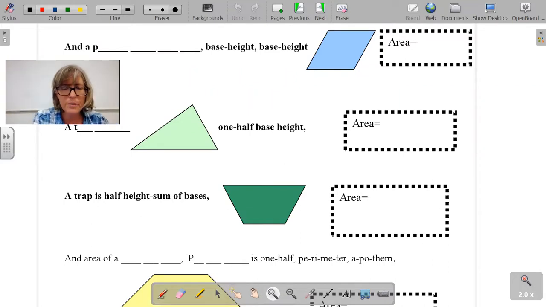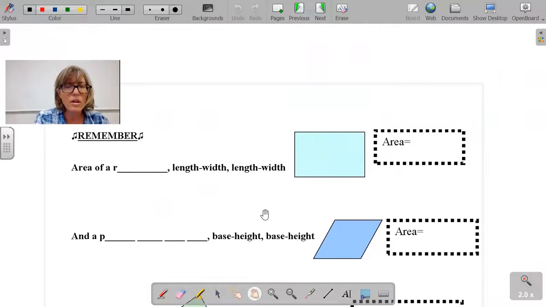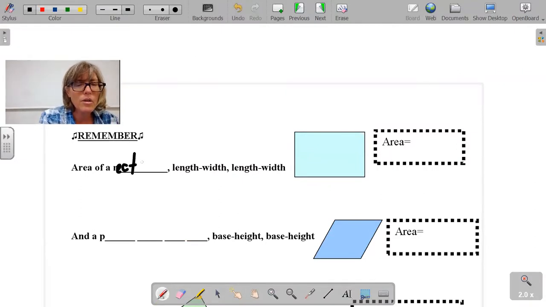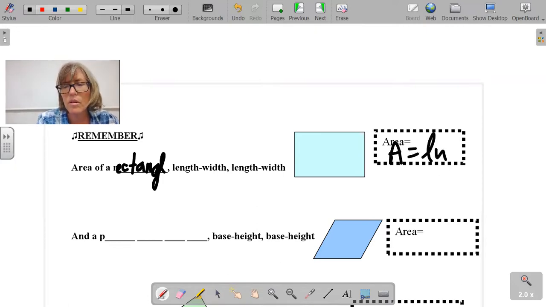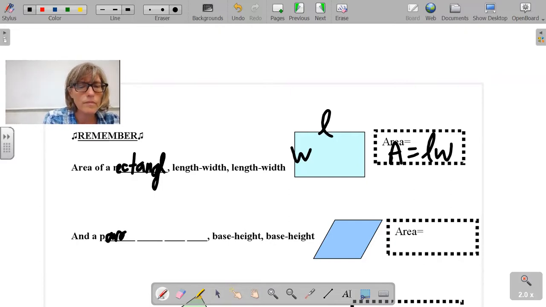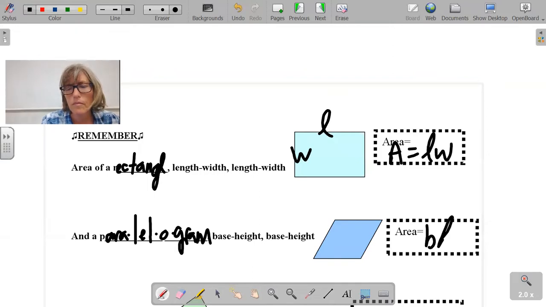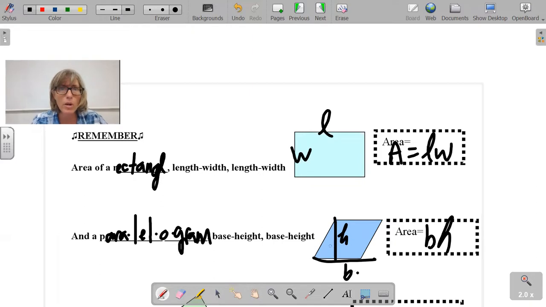So right here, the area of a rectangle, length times width. And a parallelogram, base times height.